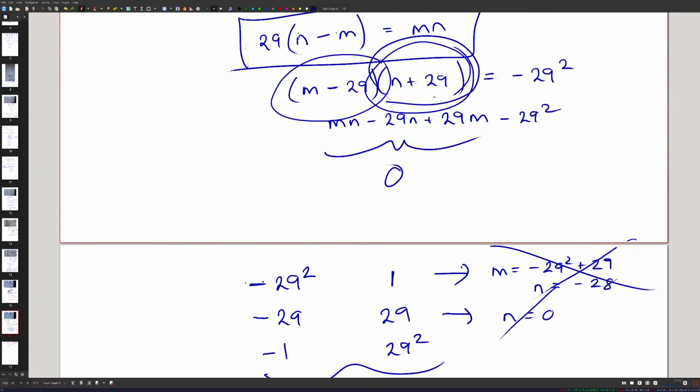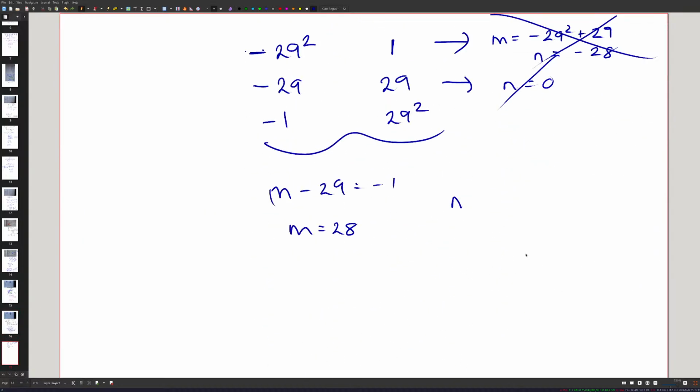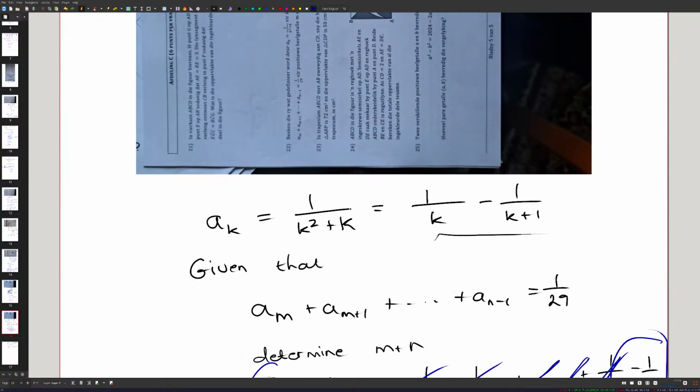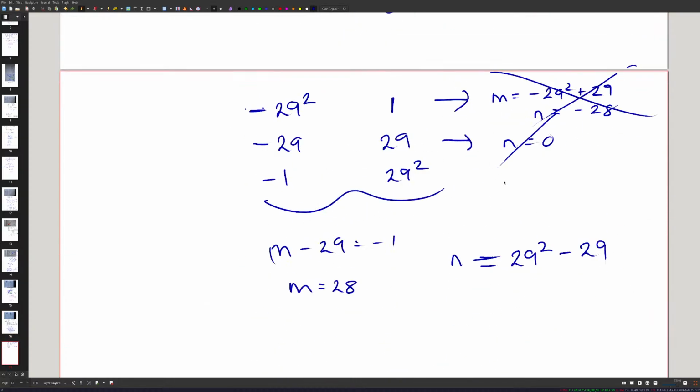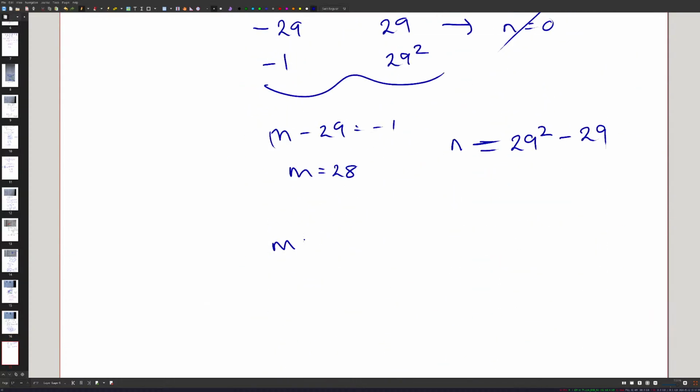By the same token, n is 29 squared minus 29. The question asks us to determine m plus n. So m plus n is 29 squared minus 1, which is 841 minus 1, 840.